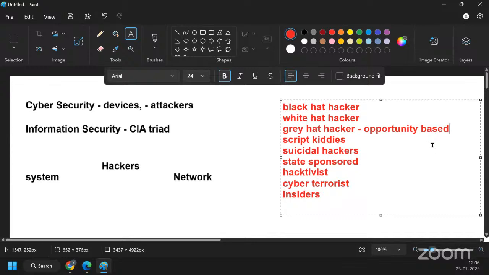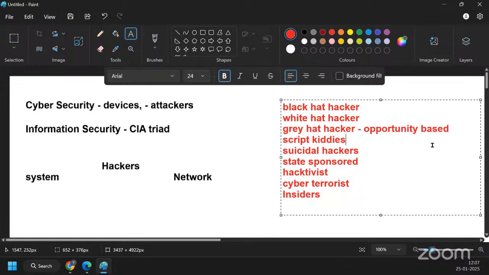The organization then analyzes the report posted by the bug bounty hunter, and after assessment they understand the impact. On the basis of the impact, they provide rewards to that bug bounty hunter, right?